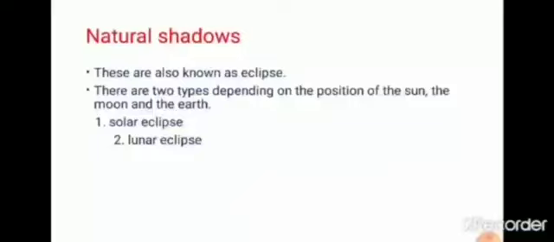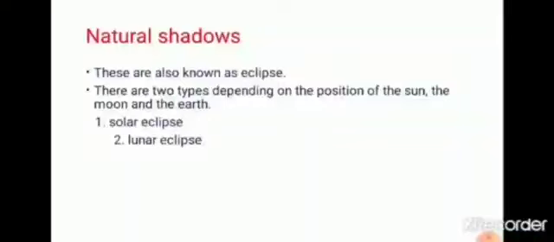Now, depending upon the position of the sun, moon and the earth, eclipses are of two types, solar eclipse and lunar eclipse. First of all, let us learn something about the solar eclipse. A solar eclipse occurs when the sun, the moon and the earth are in a straight line and the moon lies between the sun and the earth.